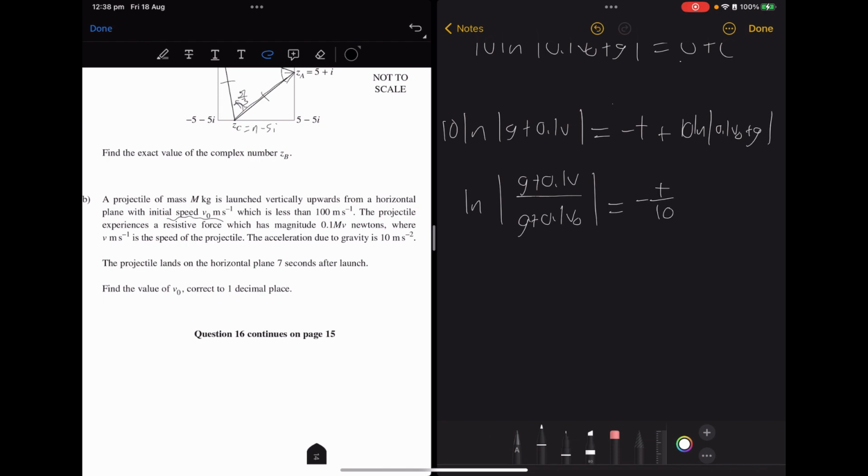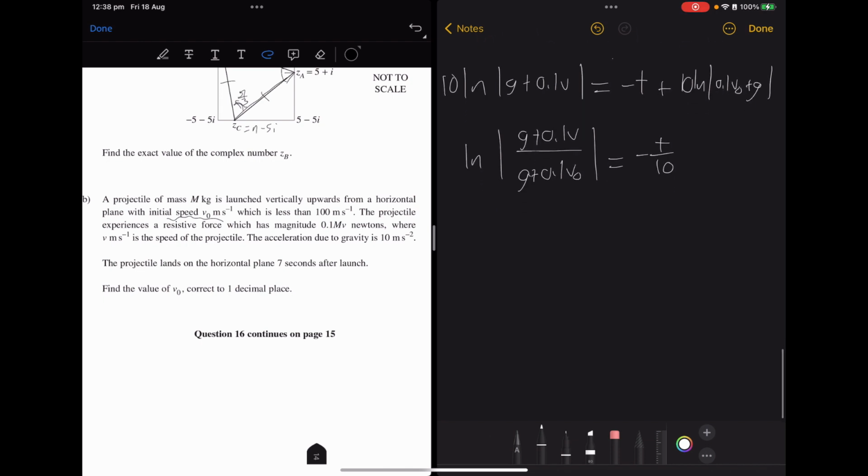Now the reason we're going to do this is just so we can get rid of the absolute values, because we know that velocity is always going to be positive in this case. So we can just say that it's always going to be greater than 0. So it's equal to negative t over 10.